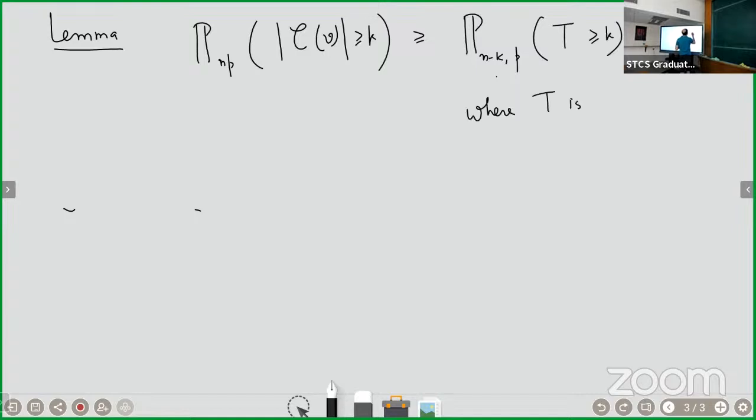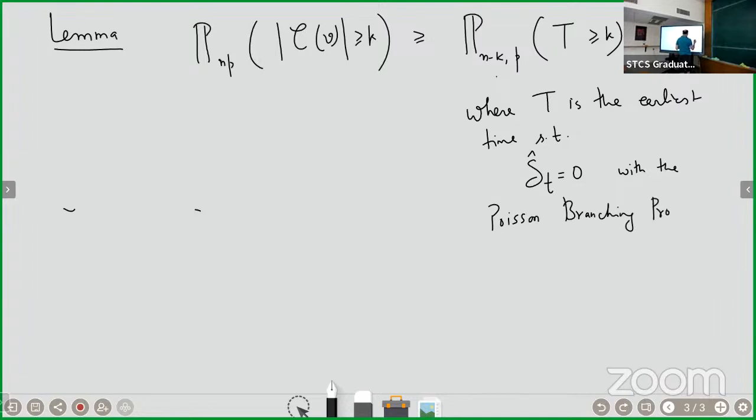T is the earliest time that it is clear, right?